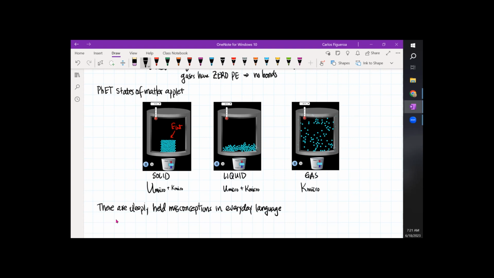So there are deeply held misconceptions of everyday language in thermo. We need to address these.